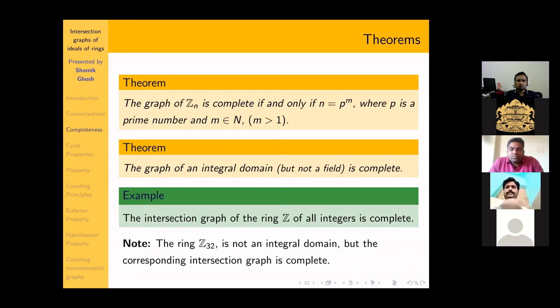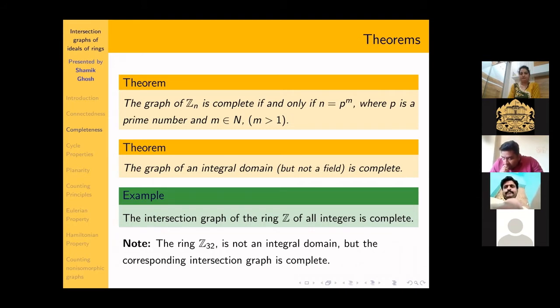But every finite integral domain is a field. I think Pradeep sir is asking regarding this. Yes, every finite integral domain is a field.